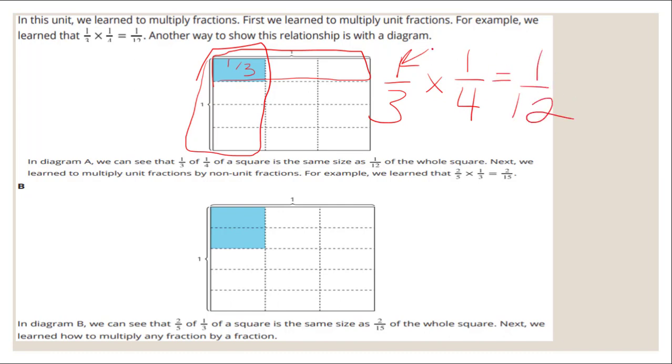So there are 12 total pieces in the cake and one piece is shaded that I get.